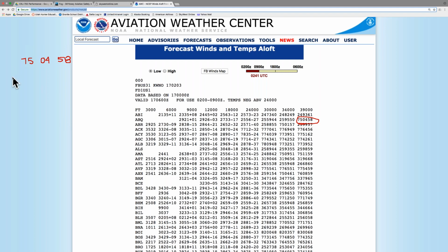So what we do here is we go 75 before we add our 0 on the end here. Before we add our 0, we're going to subtract 50 from this number. Okay, what is our new number? 25.